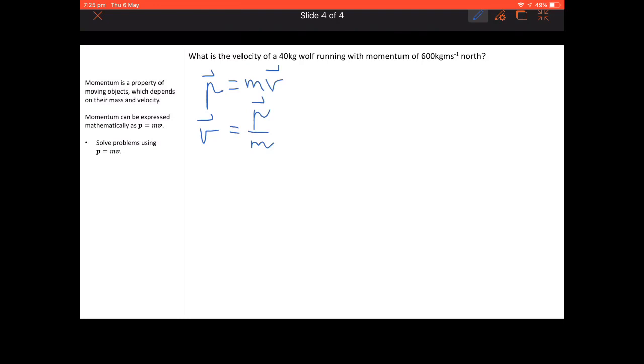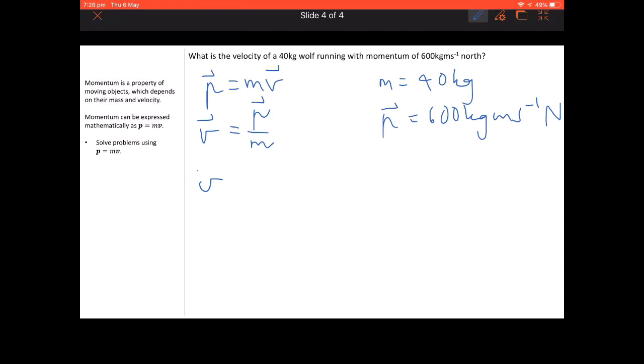Hopefully you can see that I've just divided both sides by mass. That'll get the velocity by itself, which is what we're looking for, and then the momentum will be divided by mass. Our mass is 40 kilos and our momentum is 600 kilogram meters per second north.